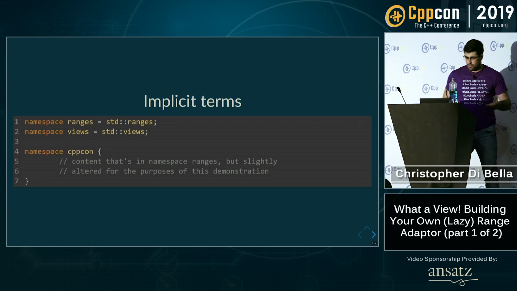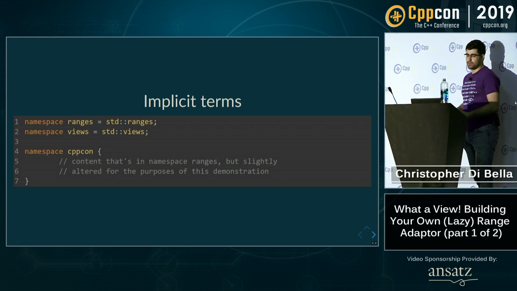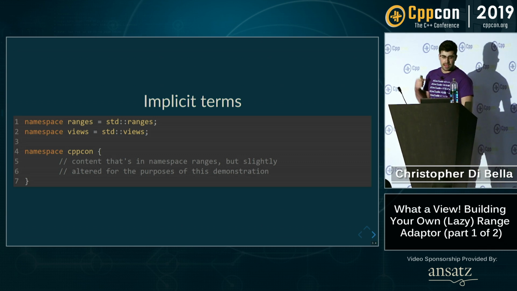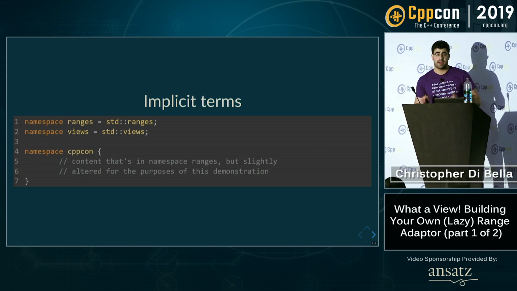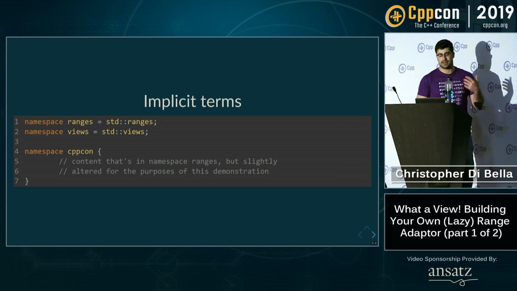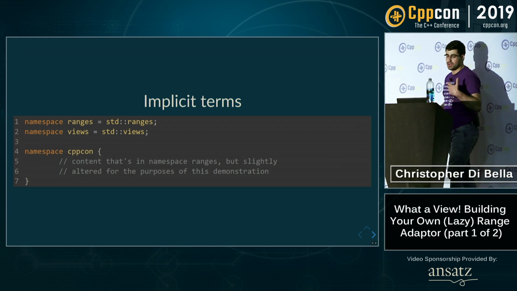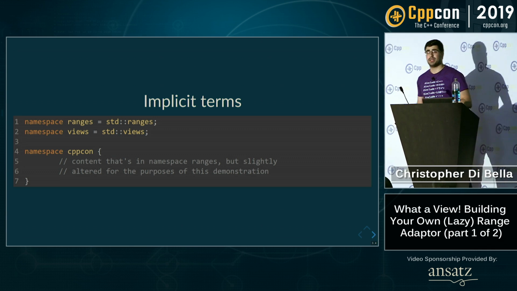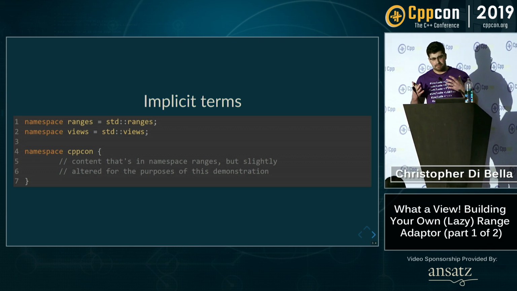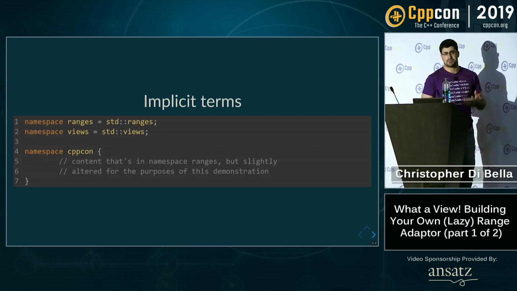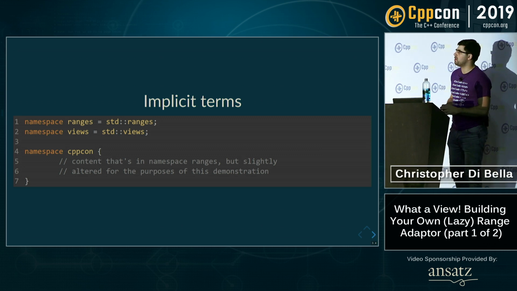And finally, we're going to be using a few terms, so I figured that it would be important to brief you on that. First of all, if you see ranges, it's going to refer to the namespace std::ranges. The namespace views refers to std::views, and the namespace CppCon is the content that you'll find in namespace ranges or namespace views, but it's slightly different.